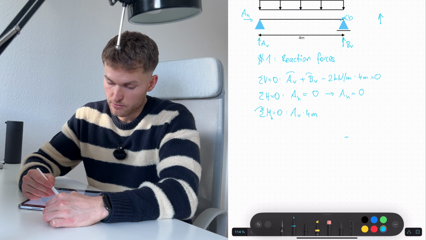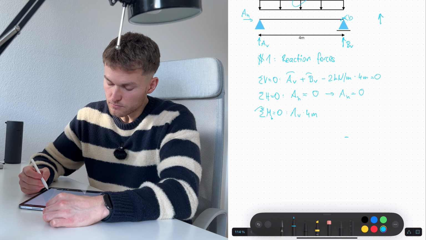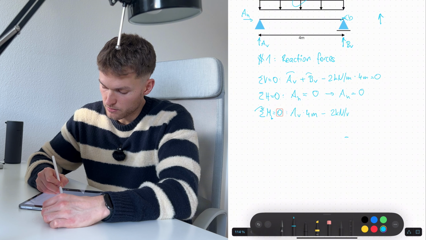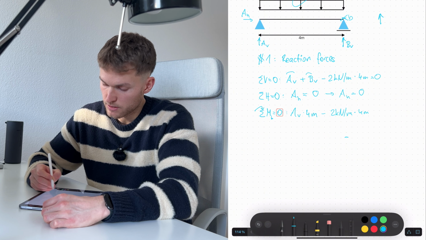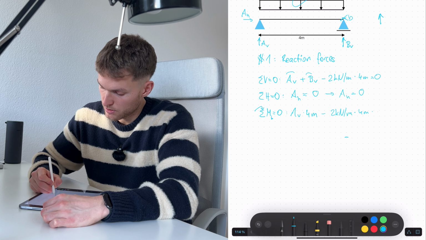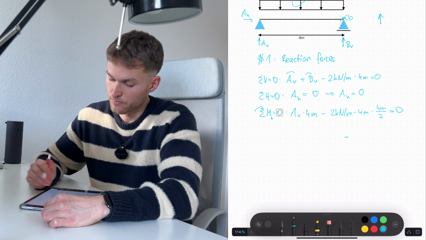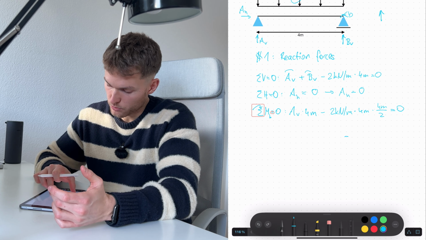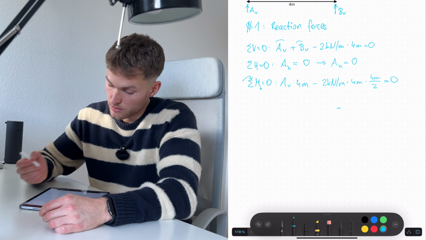And then we have our line load, which we subtract, so 2 kilonewton per meter times 4 meters, but then only half the distance, times 4 meters divided by 2, equals 0. And now we can see we only have one unknown, and that is AV. So we can solve that for AV.